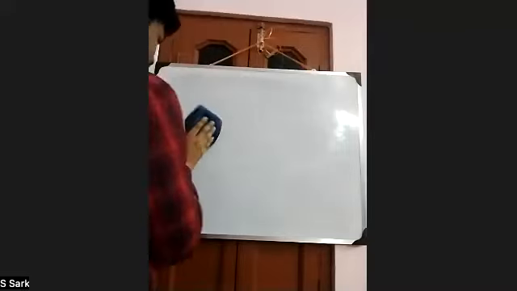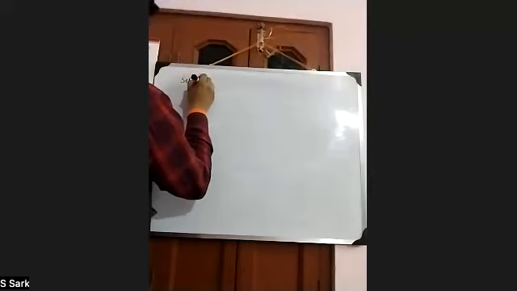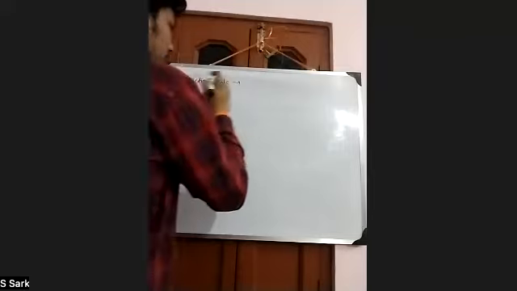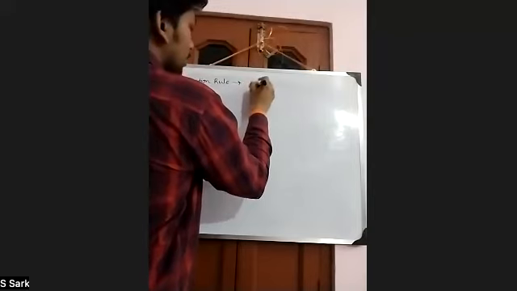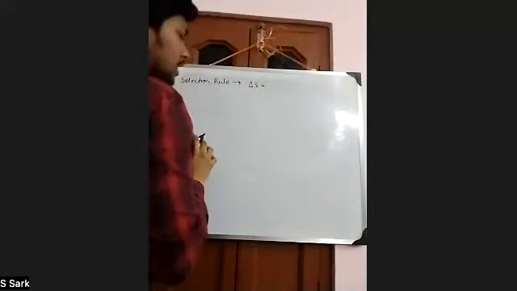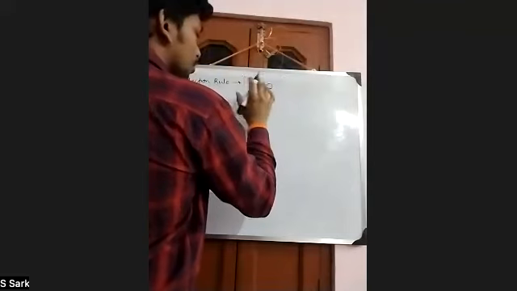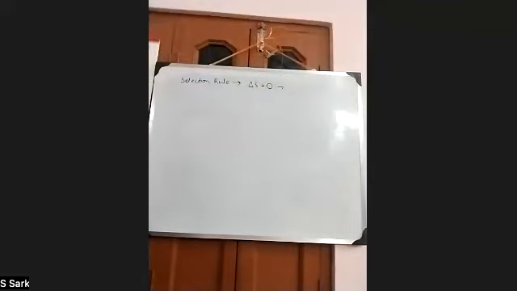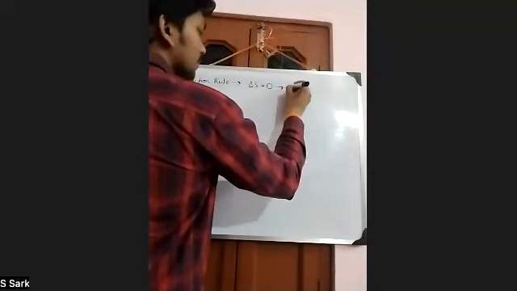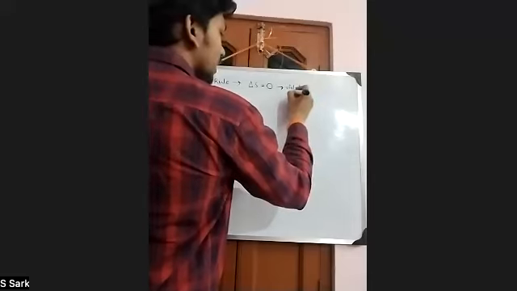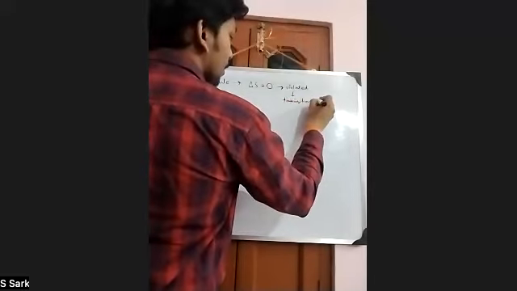So in the transition selection rule, we have seen that for transition, according to the selection rule, the change in spin multiplicity should be 0. If this rule is violated, then the transition will be forbidden according to the selection rule.